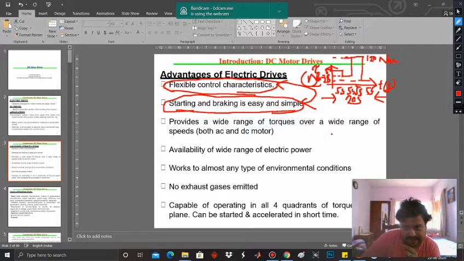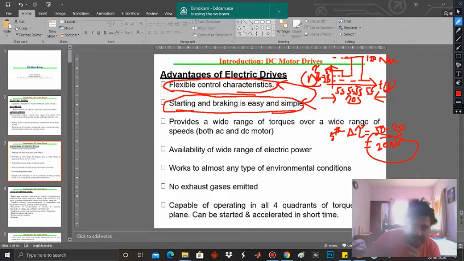That means at the end of the 5th second, you require a delta tau instantly of how much? 50 minus 30, that is equal to 20 Newton meter. And you see that this particular reduction in torque has to occur instantaneously at this point.